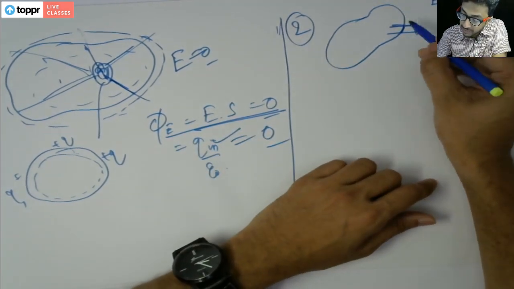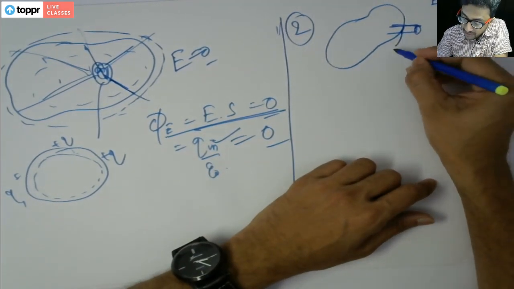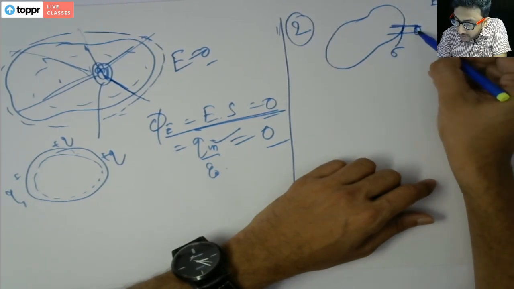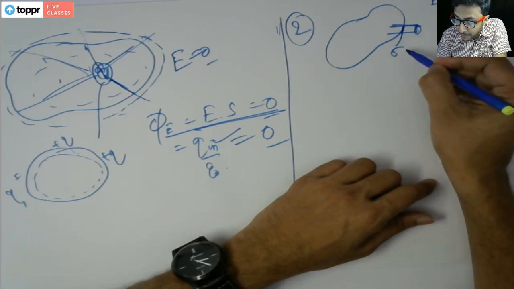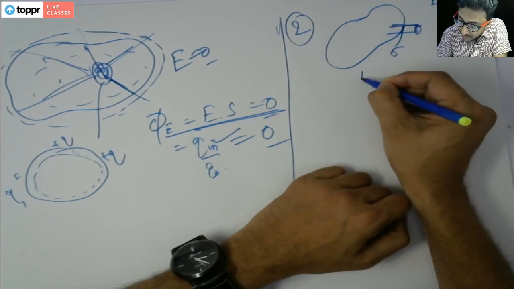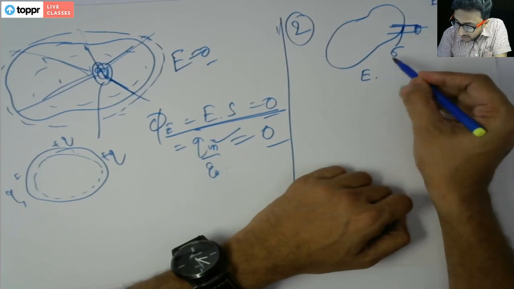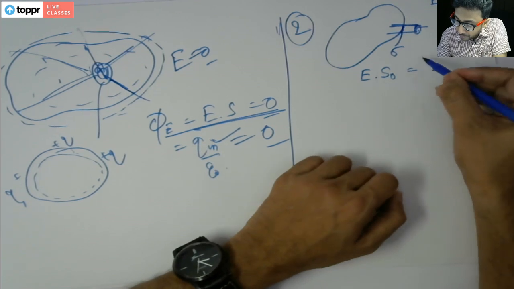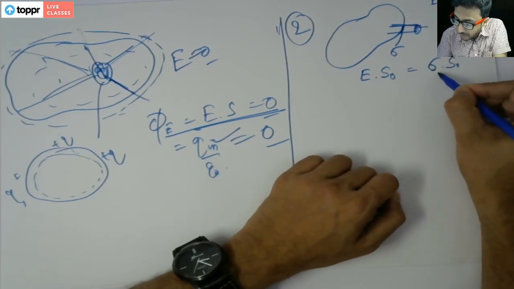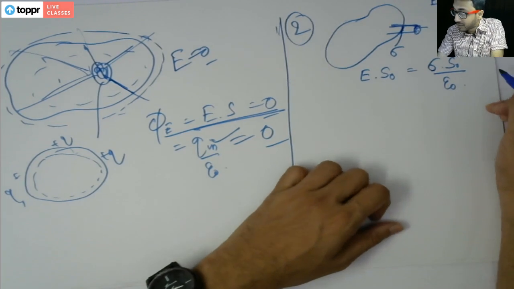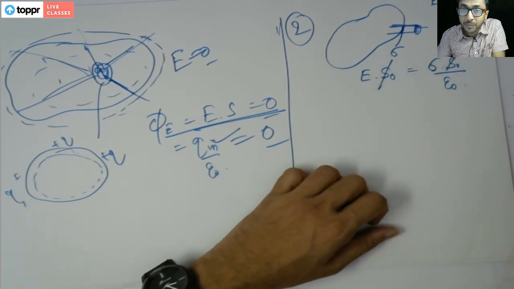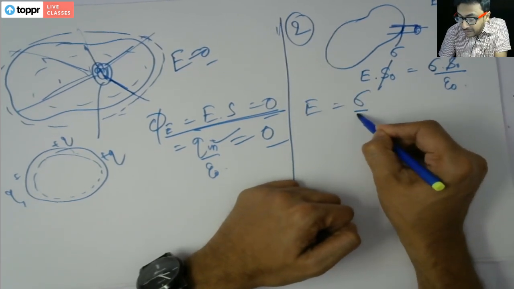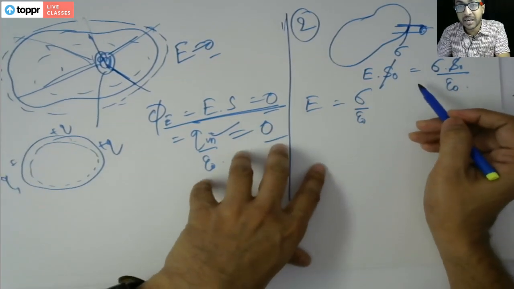Similarly, if the charge density is sigma, this S and this S are the same, right? So the electric flux E into S0 will be equal to sigma S0 divided by epsilon 0. So S0 and S0 cancel out, and it shows that the electric field is dependent on the surface charge density.